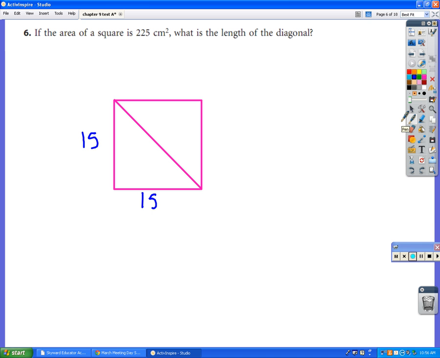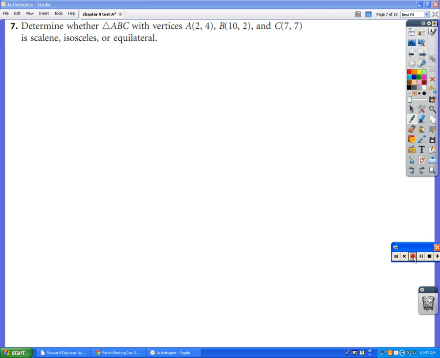So how do you find the diagonal? It's an isosceles right triangle because it's a square. So you could do the Pythagorean theorem, or you could save yourself some time and just go 15 root 2. Which would still work out to be 21.21.